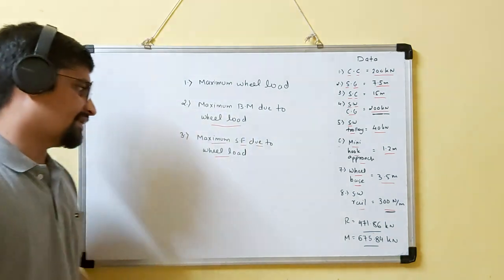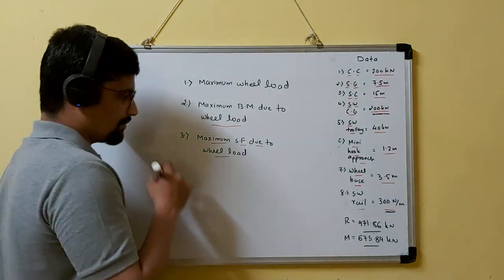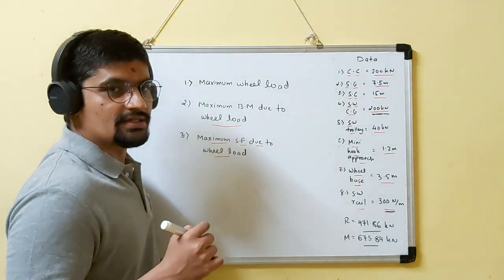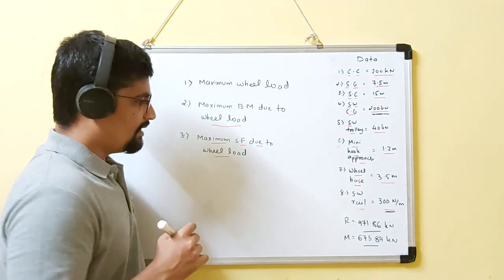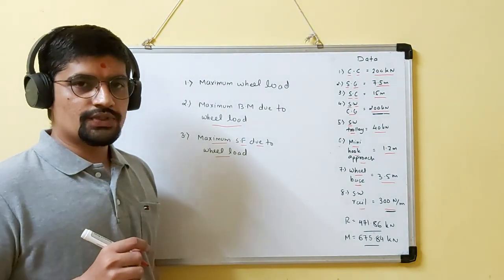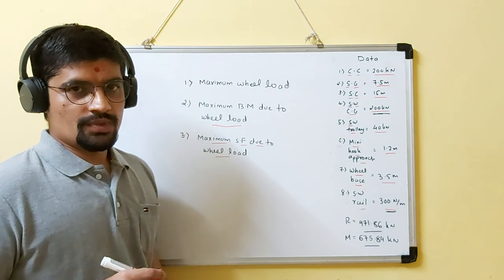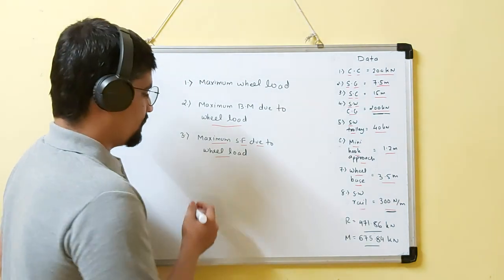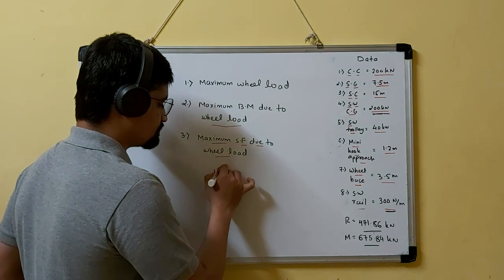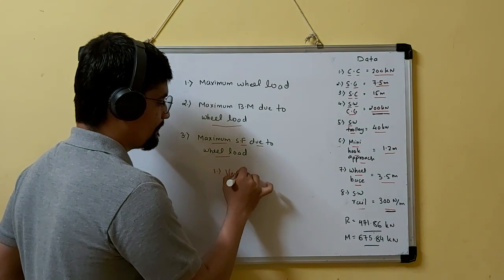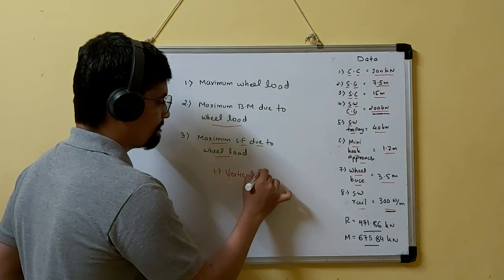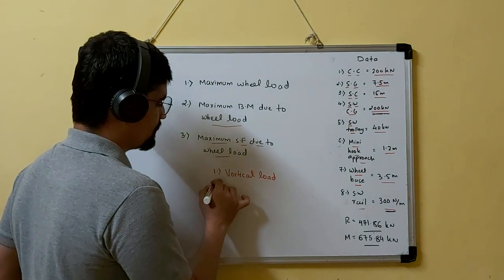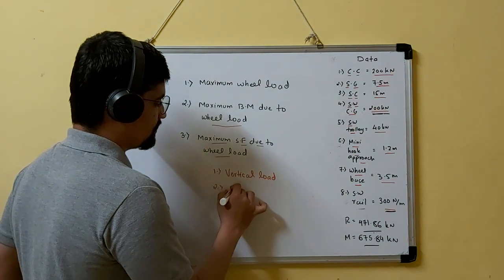And how could we find that load? In the first lecture of the gantry girder, I introduced some loads. There are four types of loads occurring on the gantry girder. First one was vertical load. Second one was impact load.